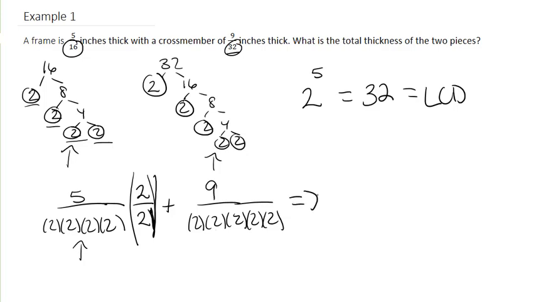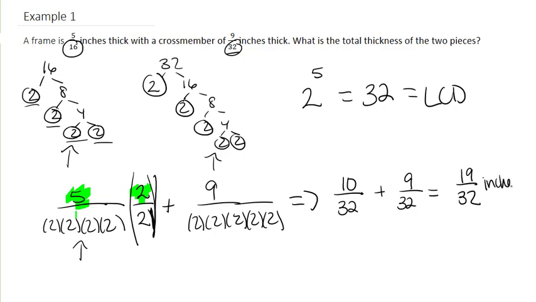So 5 times 2 gets us to 10, and now we have 5 2's on the bottom, which equals 32. Then plus 9 over 32, and when we add together, we get 19 over 32 inches. That is our solution to this problem.